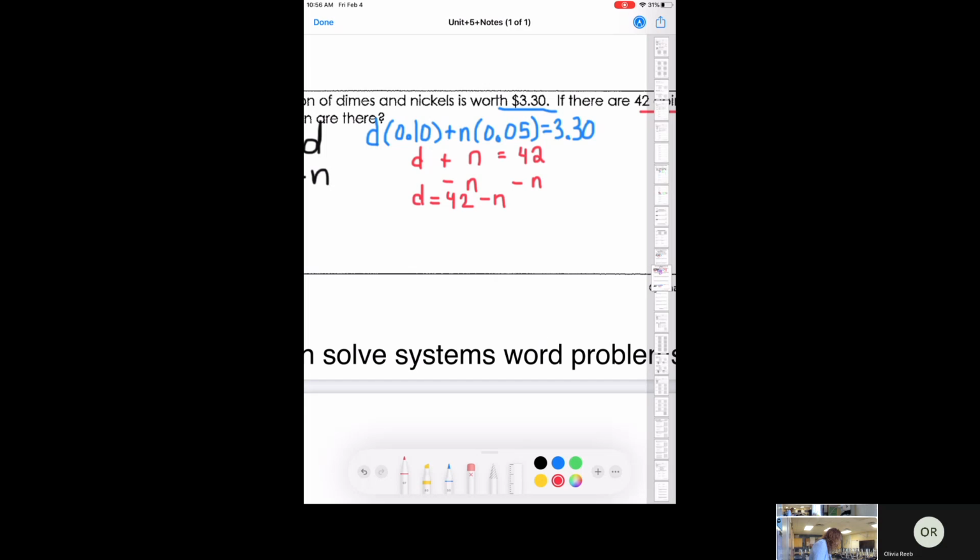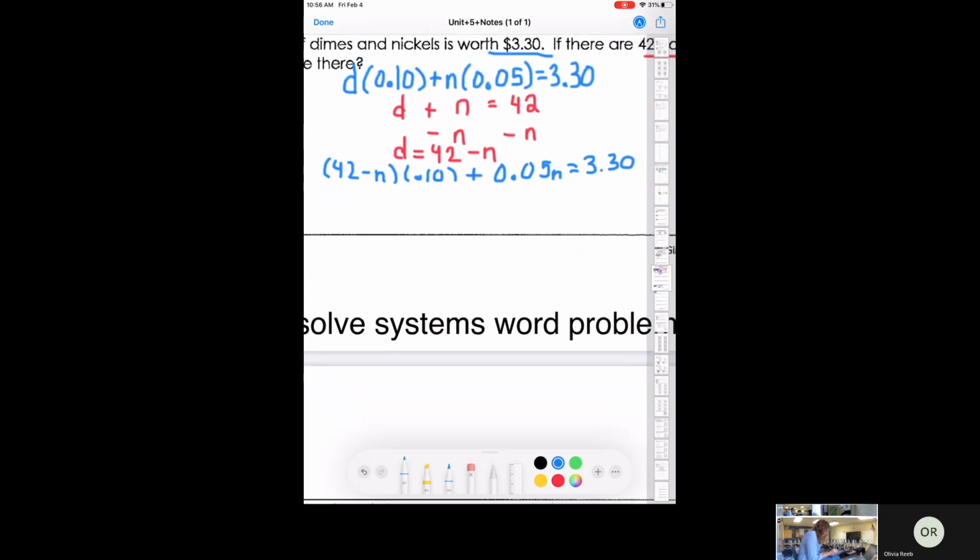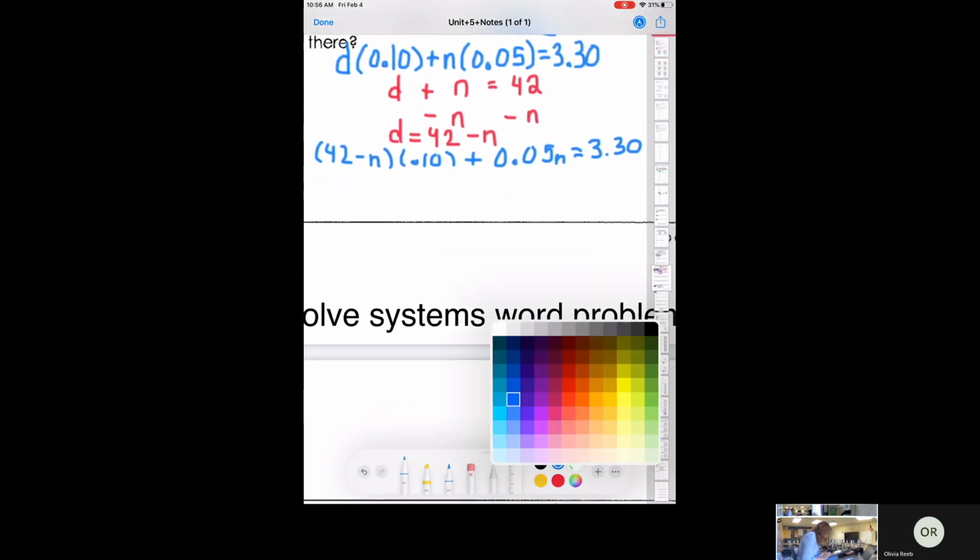Now I'm going to take this 42 minus N and plug it into the D. So I end up with the equation 42 minus N times 0.10 plus 0.05 N equals $3.30. Now I'm going to use my distributive property.